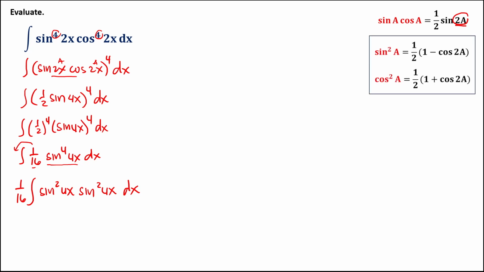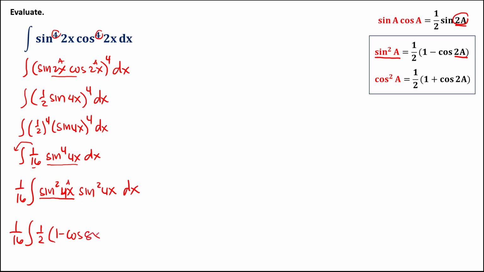Then using the identity for sine squared, we have 1 over 16, then the integral of this sine squared 4x, which is equal to 1 half times 1 minus cosine, since 2a and a is equal to 4x.